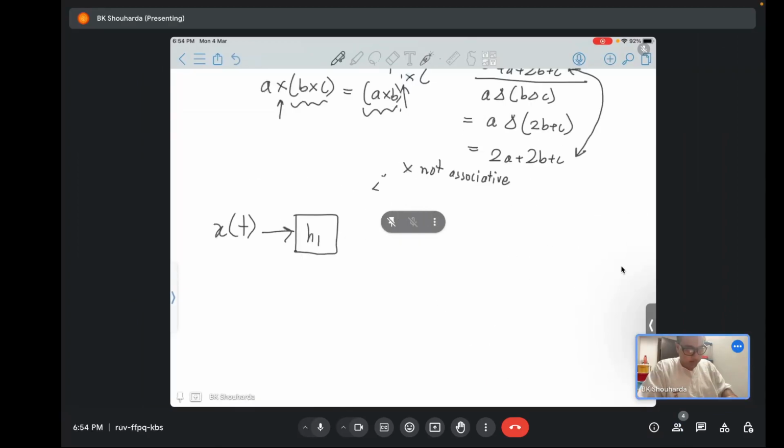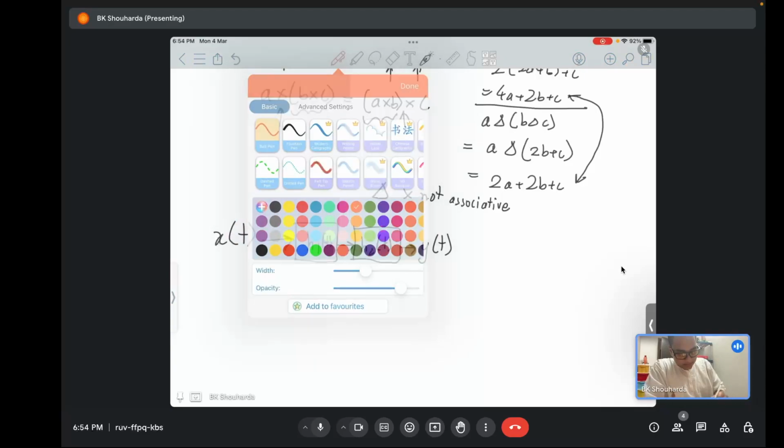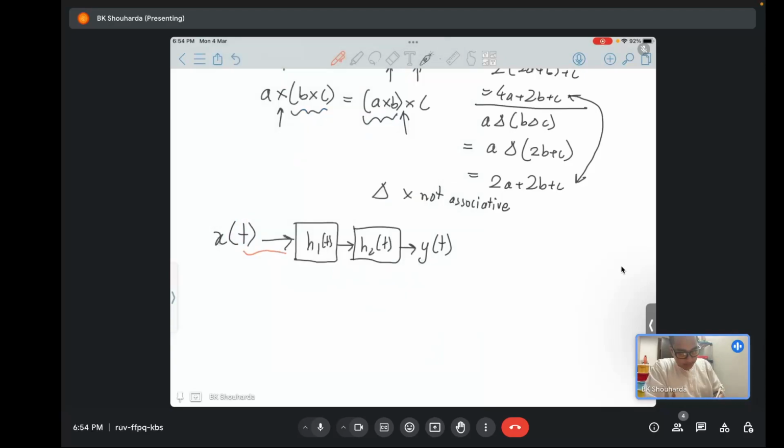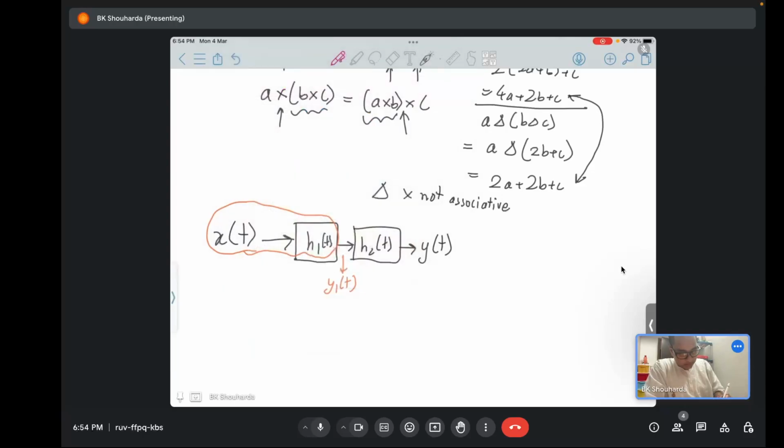So you have xt, then the first block h1t, then the second block h2t. What is the output? If you look physically, xt is being operated upon by the system h1t, which gives me an output y1t. Now this y1t goes as an input and is operated upon by h2 of t.